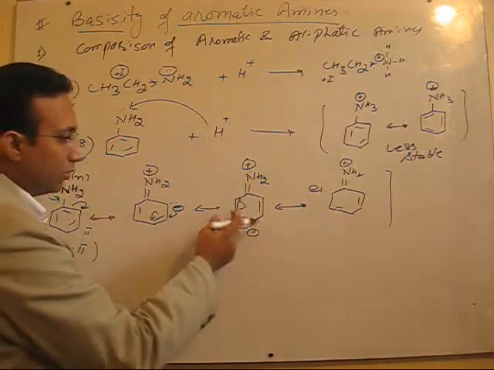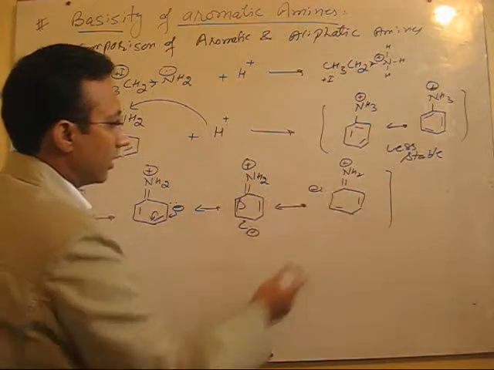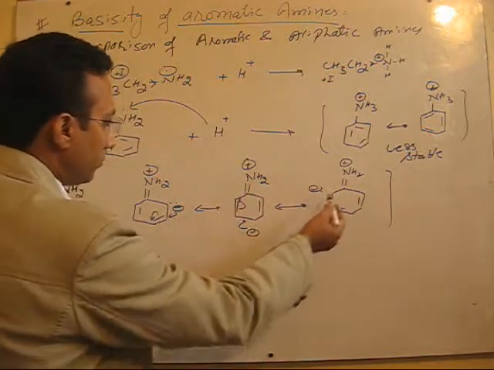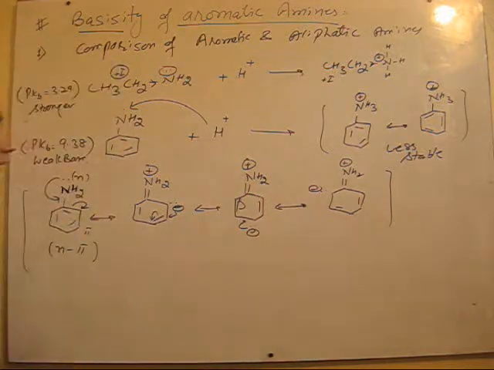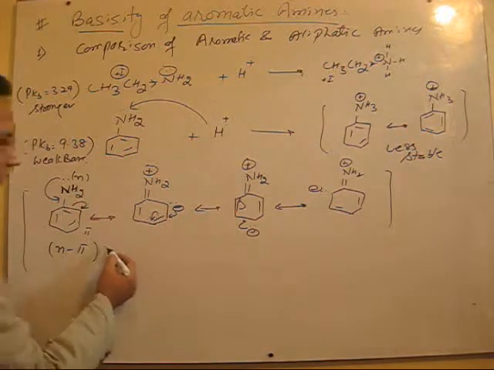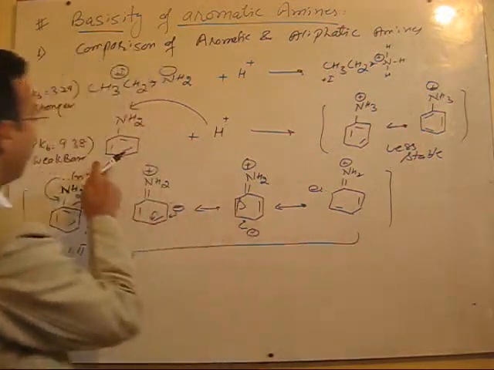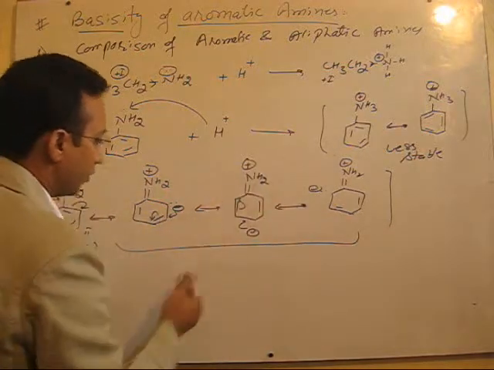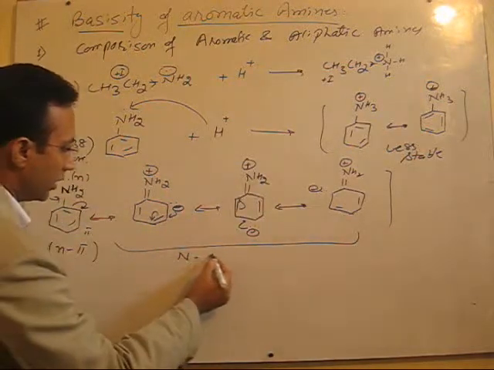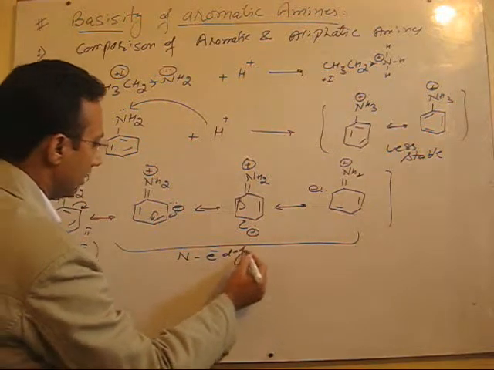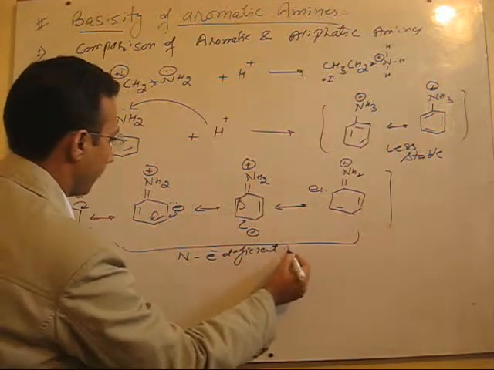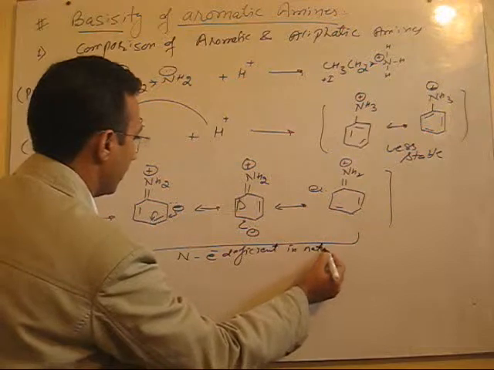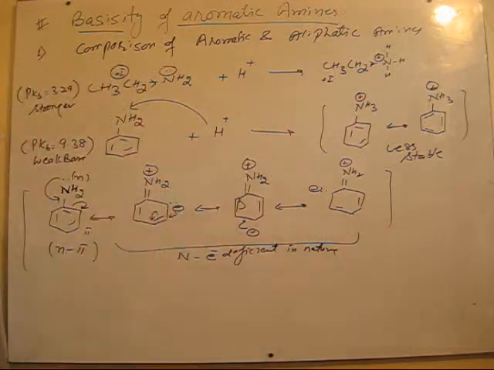And you know the nature of the ring, the negative charge goes on delocalizing in the ring. As a result, you see that in all these structures of aniline, there is a positive charge on nitrogen, which shows that nitrogen is electron deficient in nature when a benzene ring is directly attached to it.